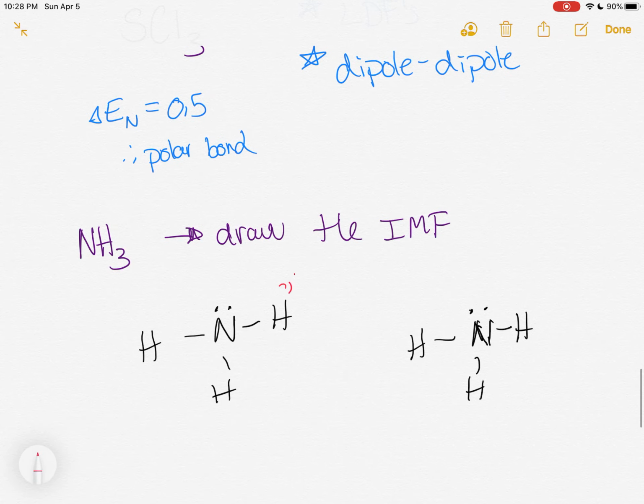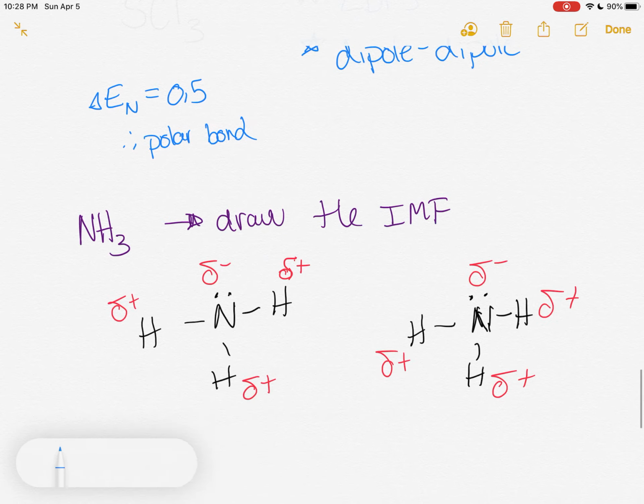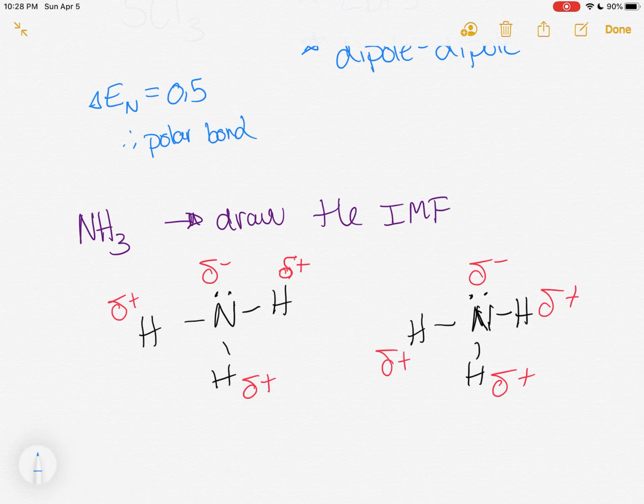And we know that NH3 molecules have partial charges. We're going to draw our attraction between a partially positive hydrogen and a partially negative nitrogen, and we know that is a hydrogen bond. But again, we need to show two molecules of NH3 if we're trying to draw the intermolecular forces.